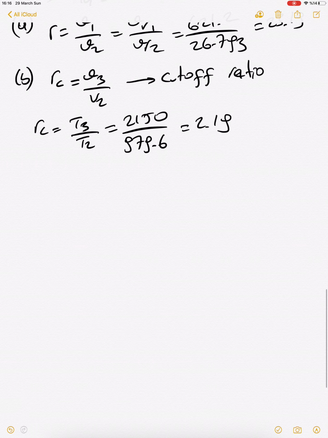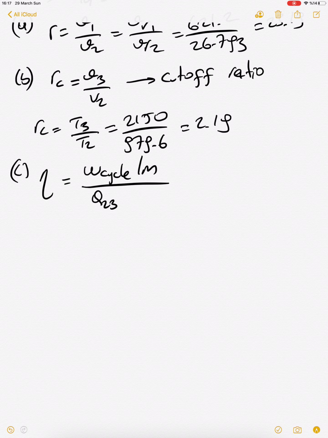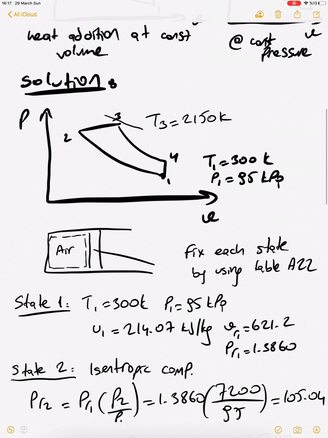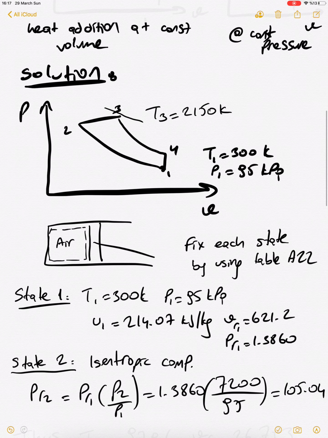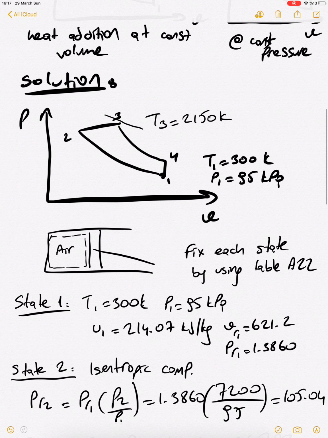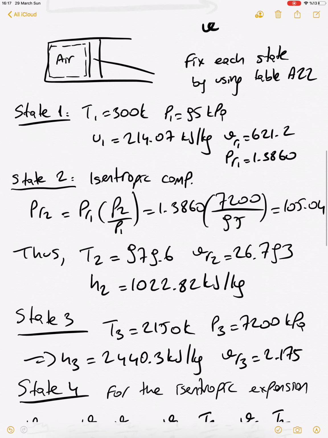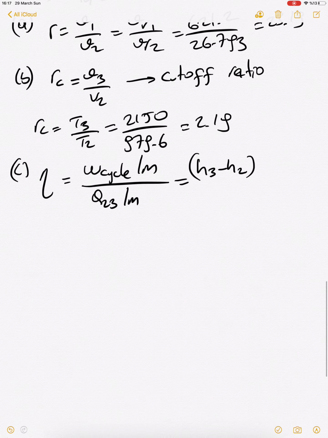The thermal efficiency of the cycle is, as you know, W cycle over m divided by Q23 over m. So that's going to be equal to W cycle over H3 minus H2. Now we have two terms. We have some work here, from 2 to 3 and 3 to 4. So expansion starts from 2, expansion work is all the way to 4.